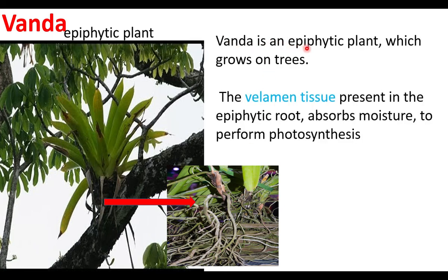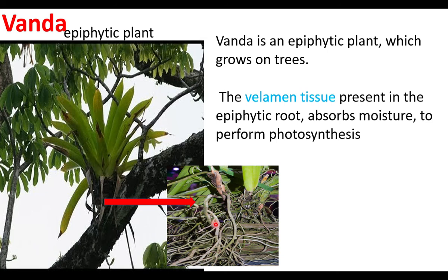Vanda is an epiphytic plant which grows on trees. The Vanda roots have a spongy tissue called velamen tissue. The velamen tissue present in the epiphytic root absorbs moisture to perform photosynthesis. Photosynthesis needs water. The roots do not reach the soil to get water. The roots are hanging in the air.